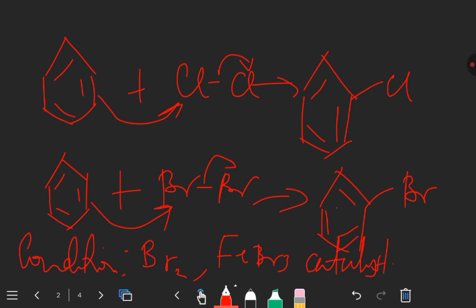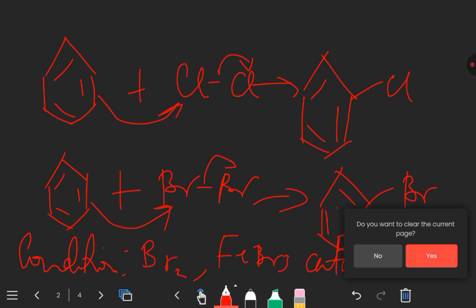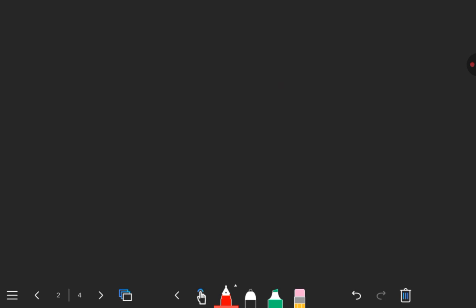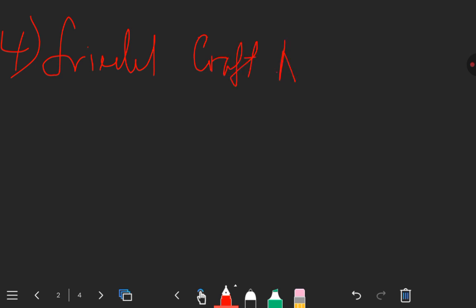That is one thing we must understand there. Then we'll also look at another reaction. This would be reaction 4, which is known as Friedel-Crafts alkylation.